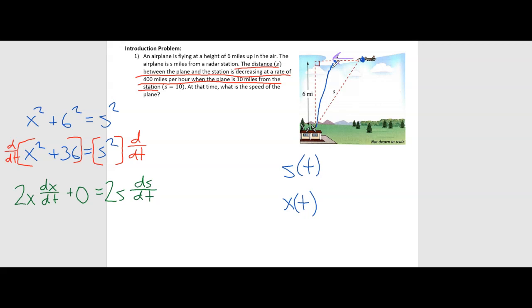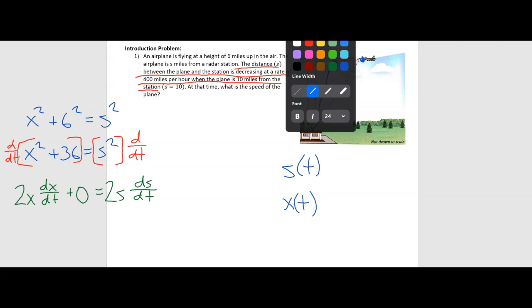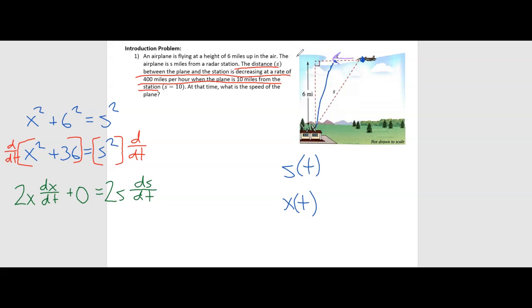Now you'll notice, well, we've got a lot of different unknowns. We've got an x, we've got an s, we've got a dx dt, we've got a ds dt. Let's think about which one of those we need to solve for. We need to think, what is the speed of the plane? Well, we know that x and s are distances, so they're not speeds, right?